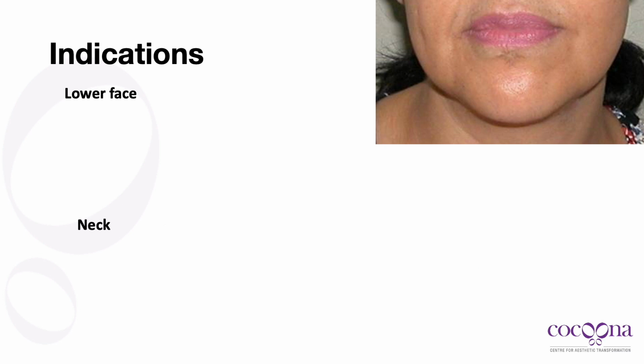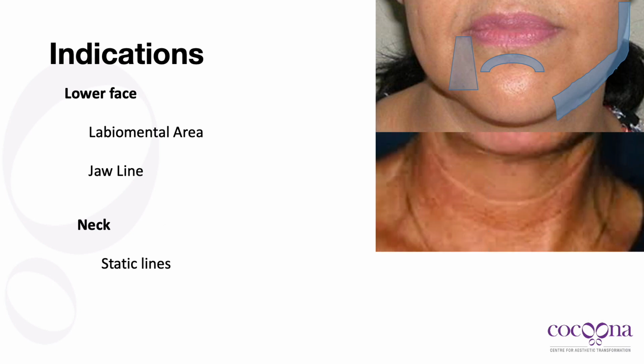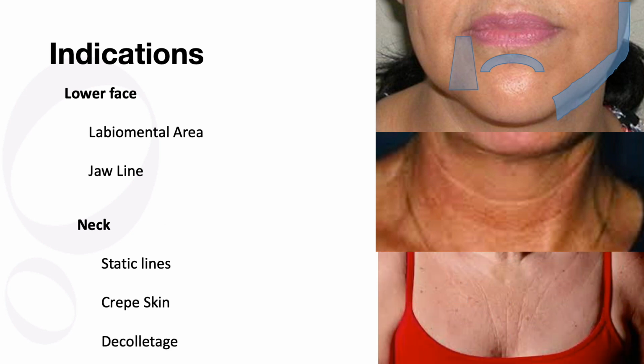In the lower face, the indications are the labiomental fold or the marionette area, and even the chin, around the chin area, then the jawline, the vertical part of the jawline, the horizontal part of the jawline. Then for the neck, the static lines can be improved with fillers, and to some extent wrinkled skin in the neck and the décolletage, called crepe skin, can be improved with fillers as well.